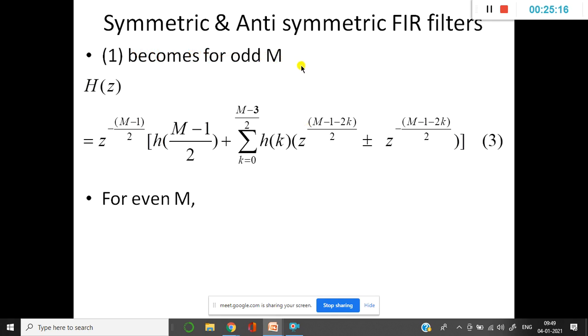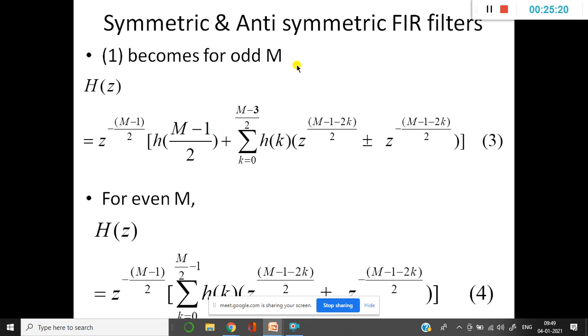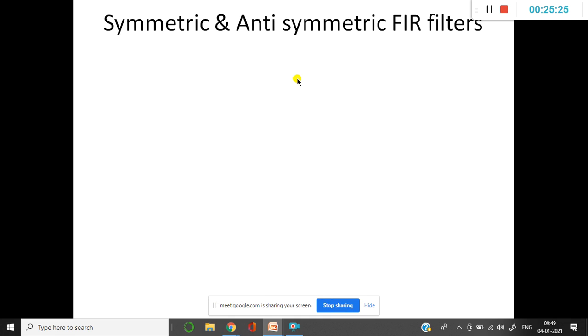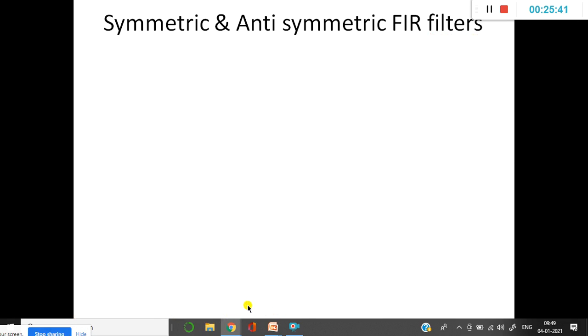For m is odd, h of z, this is the equation here, considering the symmetric and antisymmetric property. H of n may be plus or minus h of m minus 1 minus n, and again it depends upon whether m is even or m is odd.